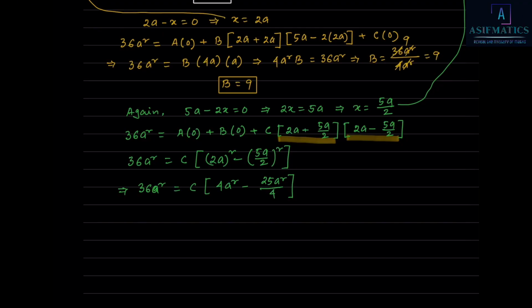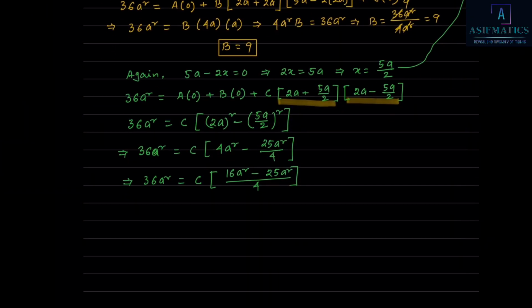Further, 36a square equals c times 16a square minus 25a square by 4, or 36a square equals c times minus 9 by 4 a square.